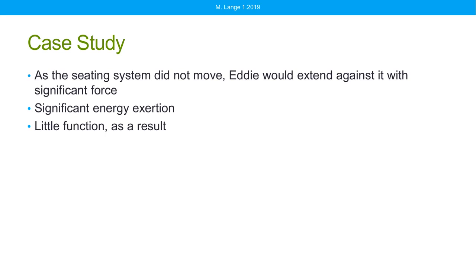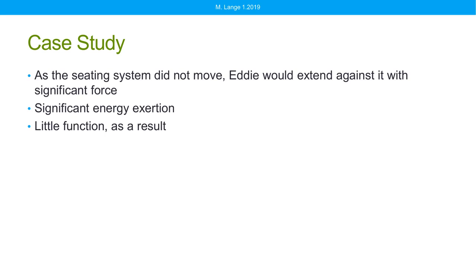Since the seating system didn't move in response to Eddie's movement and force, he would extend against it, and as those of us who work with people who have increased muscle tone know, when there's a static surface that tone goes against, people tend to increase that tone further.